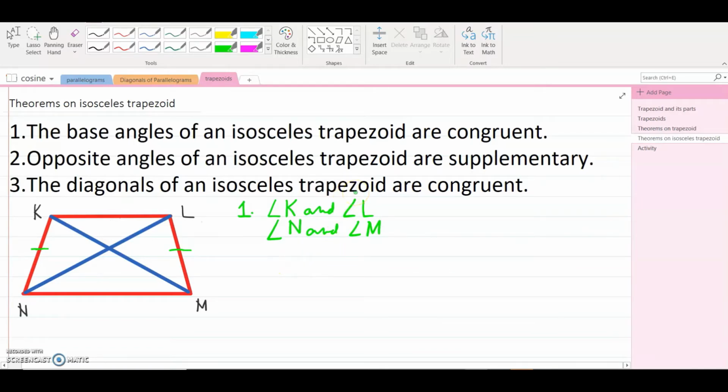So for number 1, it states that the base angles of an isosceles trapezoid are congruent. So say the measure of angle K. We're given the measure of angle K.